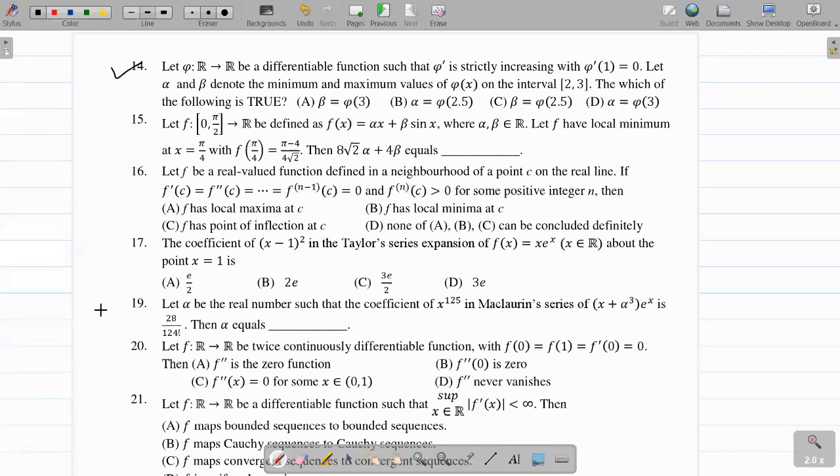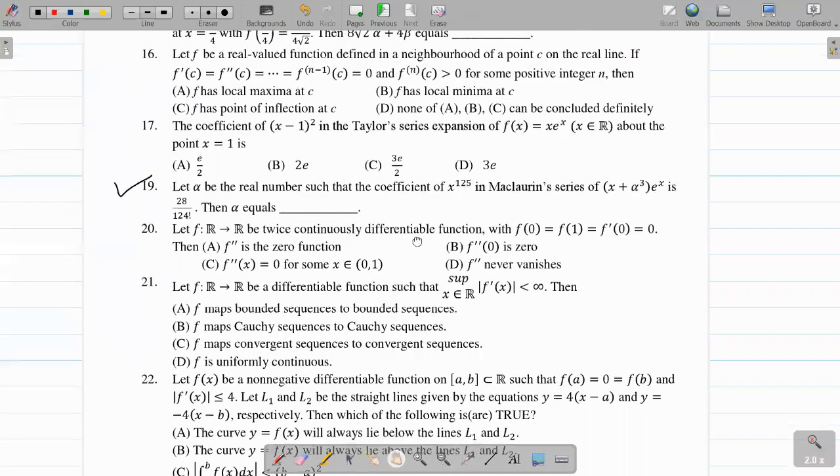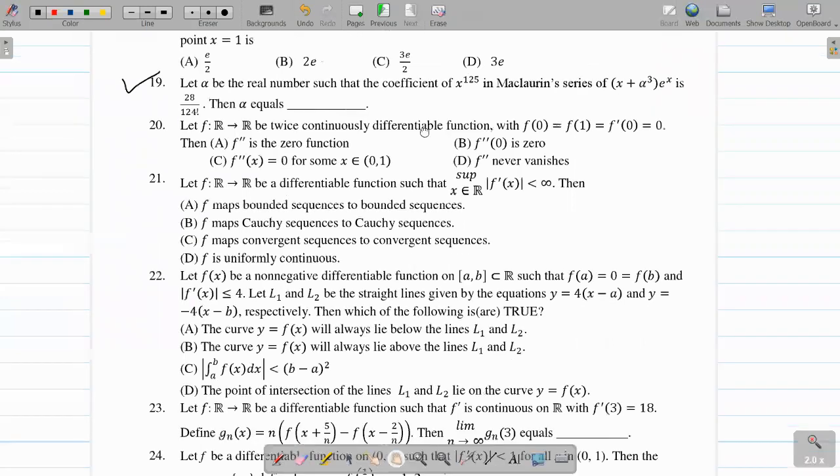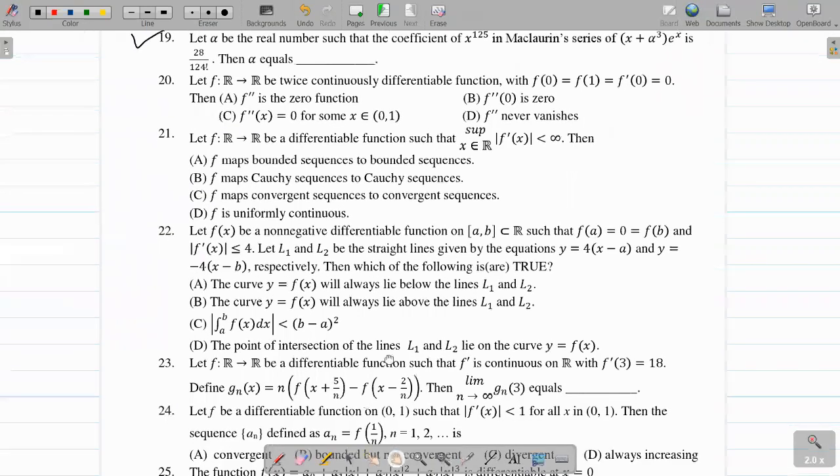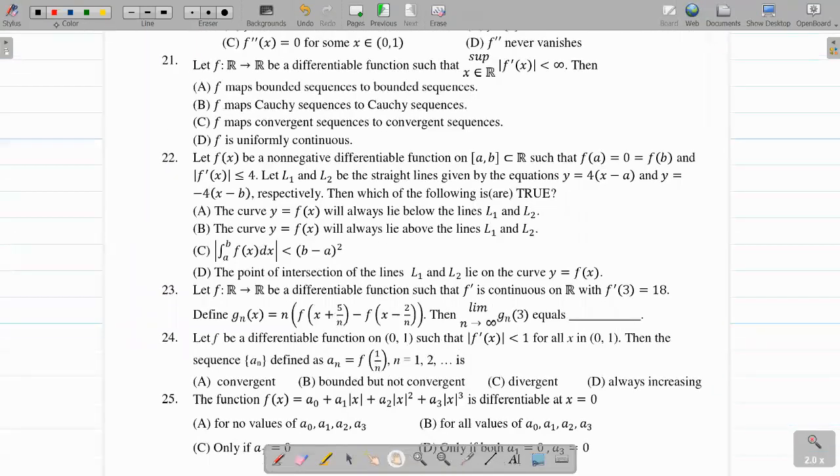Say maybe 19 we'll see. Many have to discuss some points, but time.